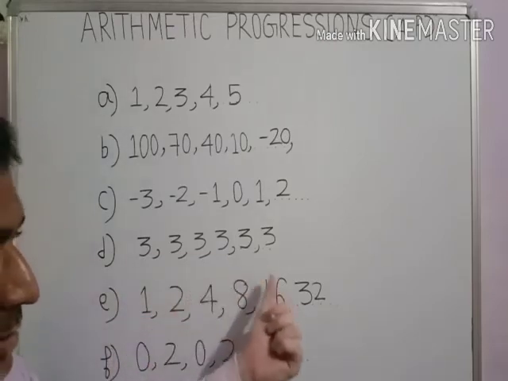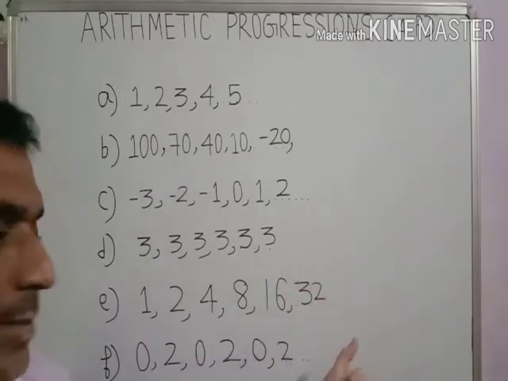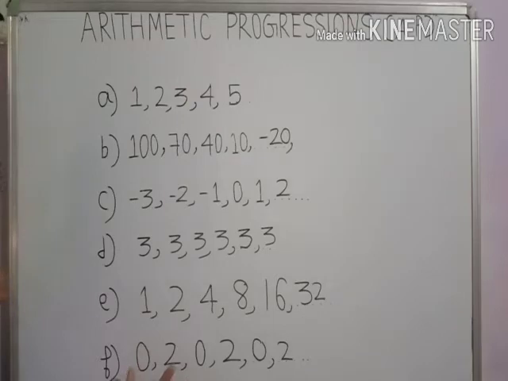Double of 4 is 8, of 8 is 16, of 16 is 32, of 32 is 64, like this. And in this we are repeating 0, 2, 0, 2.